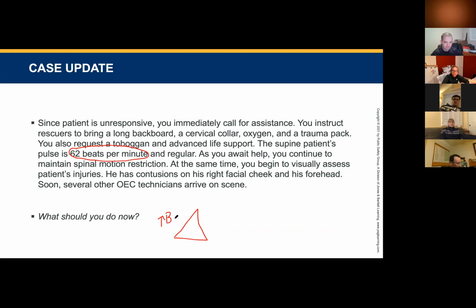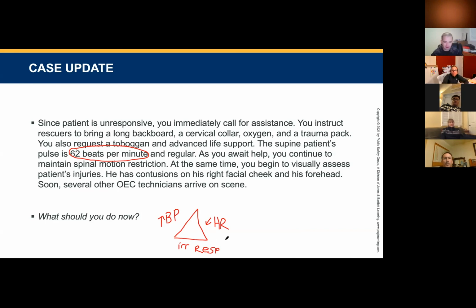Cushing's triad. And what was Cushing's triad? Elevated blood pressure, low heart rate, and irregular respirations. Absolutely.